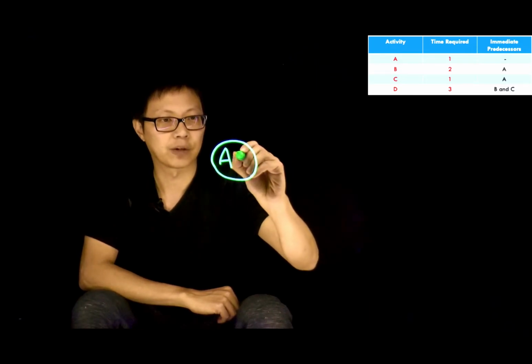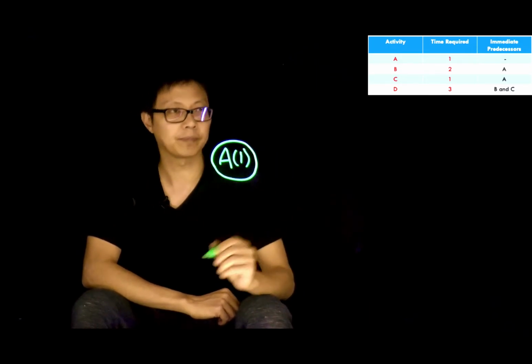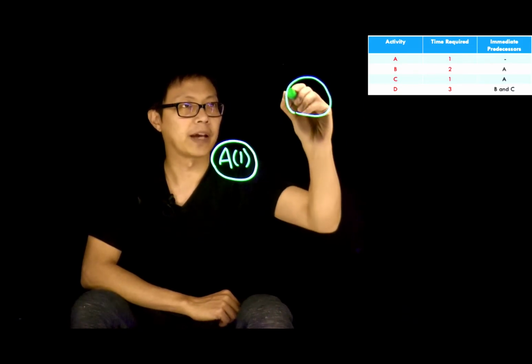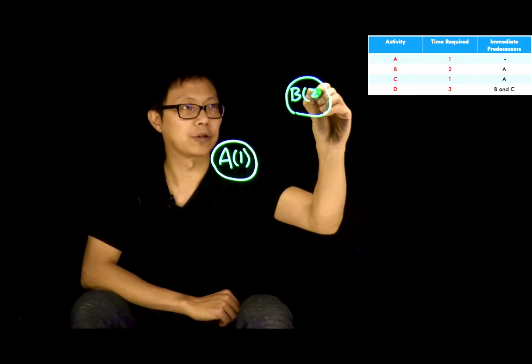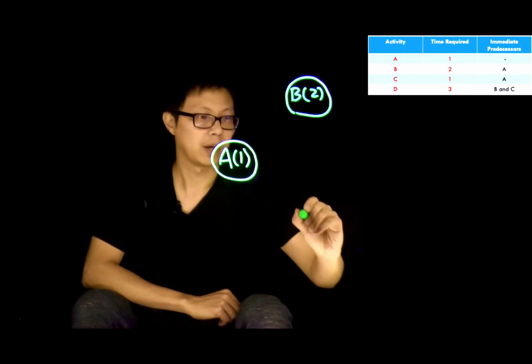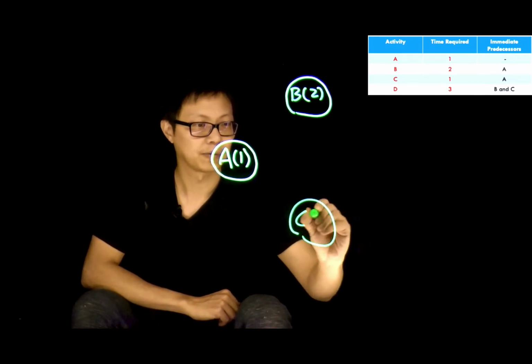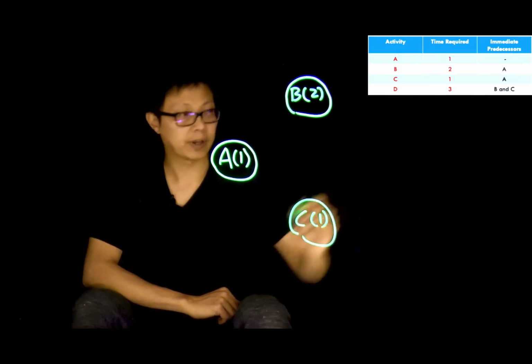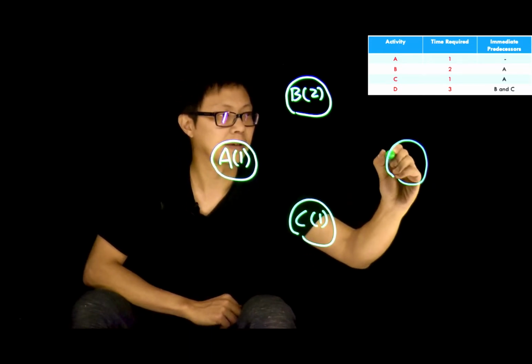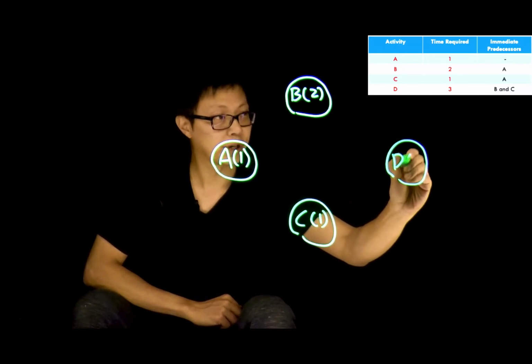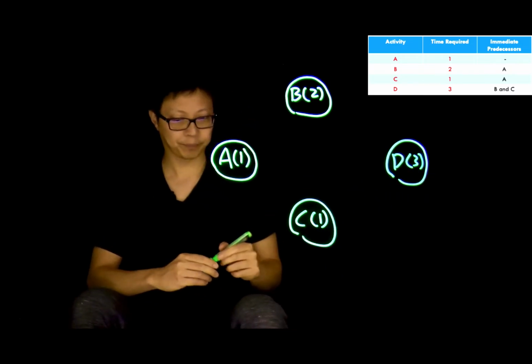The first one is activity A, and it will take 1 unit of time. We also have activity B that will take 2 units of time. Activity C will take 1 unit of time, and activity D will take 3 units of time.